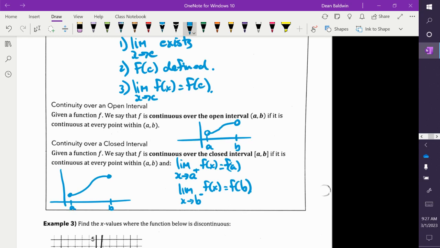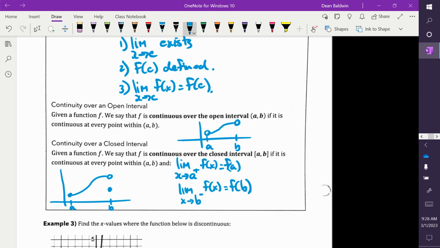The endpoints are defined, and there's no what I'm going to call a floater point, right? It's not like this. That's why you have to say equals f of b, because if I did this and then did that, we're still defined at b, but it doesn't equal this.